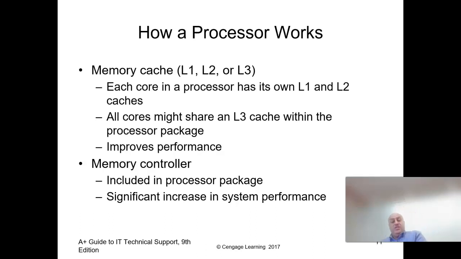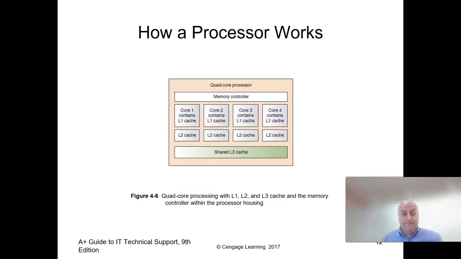It is needed when data is ready to go to the CPU; it will not send data to the CPU until memory locations are available. The memory controller controls the processor package, so when you open Microsoft Word, not all the code goes into memory. Only certain parts of the application go to the CPU, significantly increasing system performance.